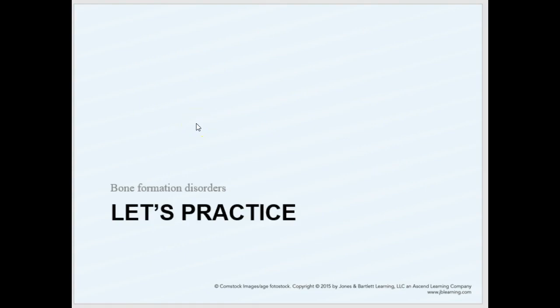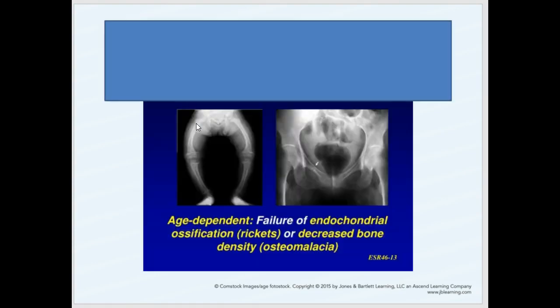All right, let's move on to a Let's Practice, and we're going to practice these bone formation disorders. This is one compared to the other out of the ones we've just spoken about. If you look at the left, this is a child, and on the right, this is an adult. The one on the right is a little difficult to see. The one on the left is an infant with, what do you think?